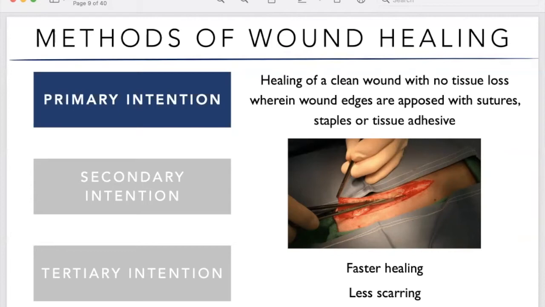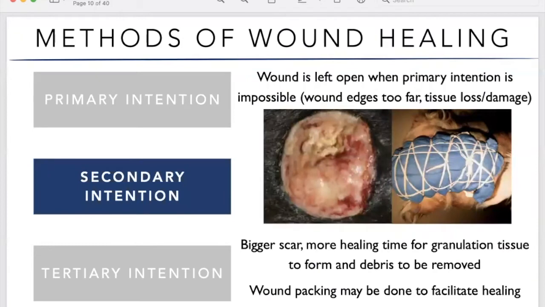Okay? Now, with secondary intention, ito yung method ng pagaling ng wound kapag magkalayo yung wound edges, right? Especially if you have an avulsion wound, you have a laceration na magkalayo yung wound edges na kailangan mong pagdikitin, right? To cover that wound. Usually what we do is that we leave the wound open, right?